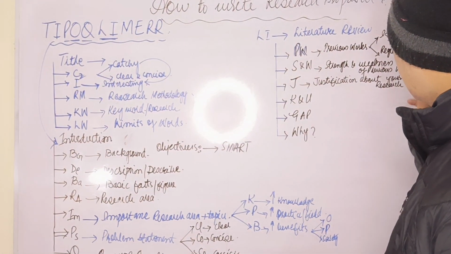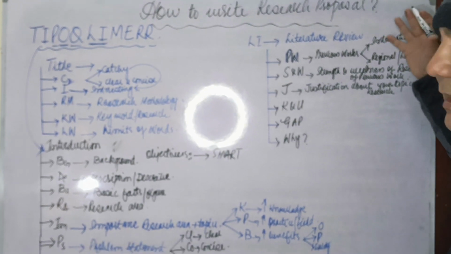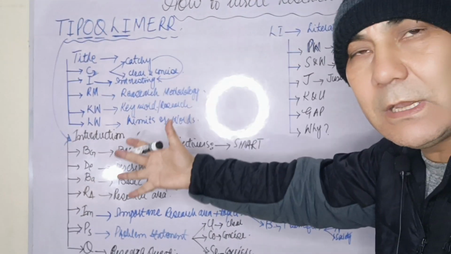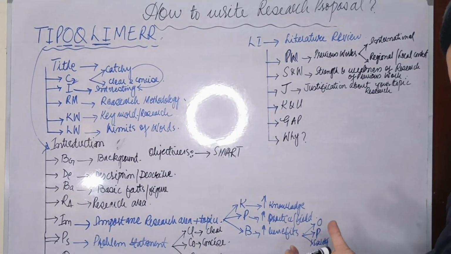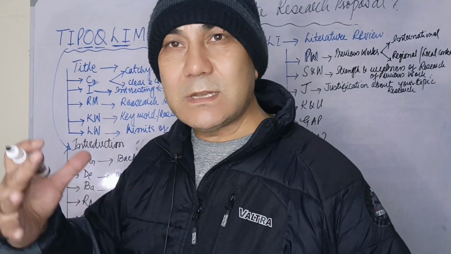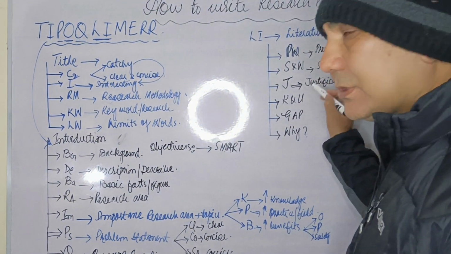How is your research topic more important compared to others? Other people have done a lot of work on that particular topic, but you will give the justification: these are the weaknesses or these are the gaps remaining, which I will address in my research project.